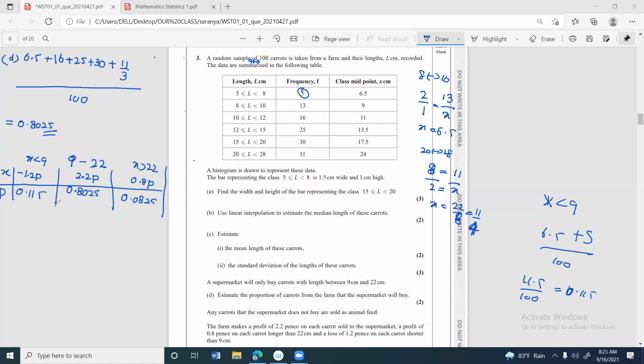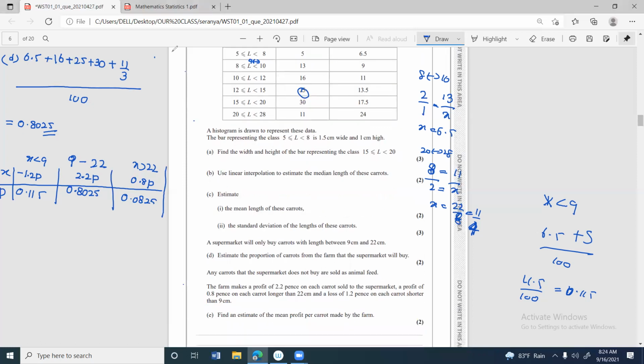Then we want to get E(X). Estimate the mean profit, the average. How to find the average for this? You can use the E(X) formula. That is minus 1.2 into 0.115, plus 2.2 into 0.8025, plus 0.8 into 0.0825 is the answer for that.